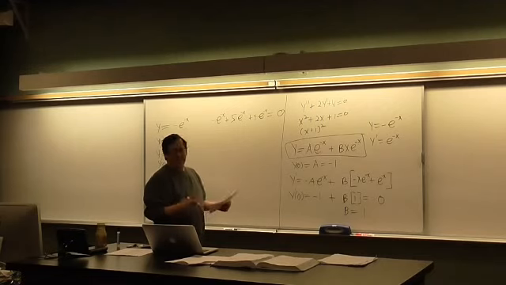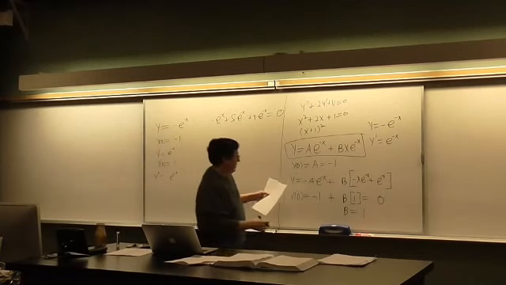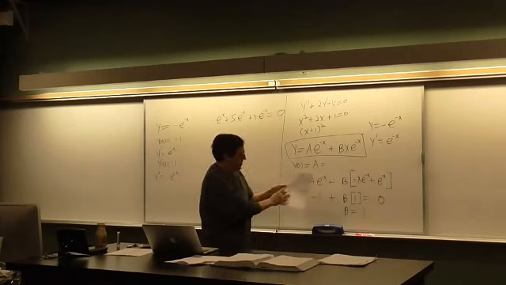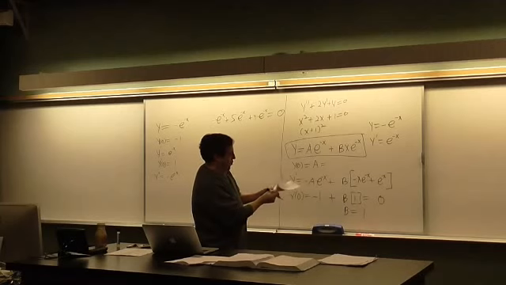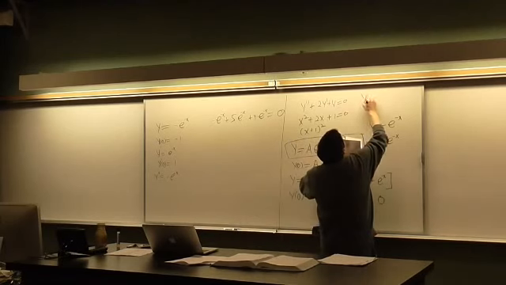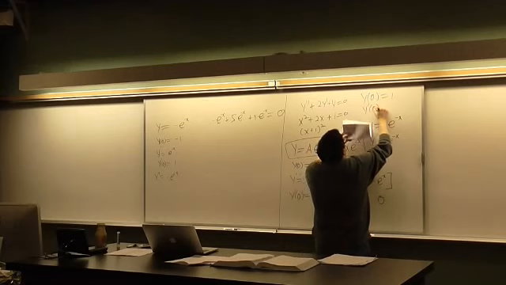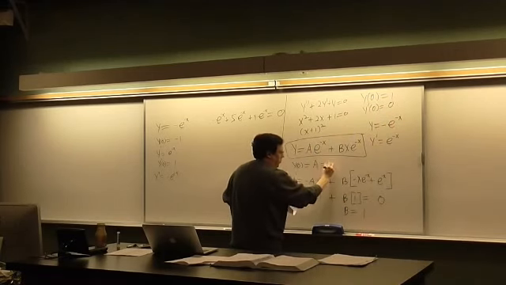Oh, I can't read and talk at the same time. Yeah, thank you. I'm looking at all these problems, they look the same, and I keep pulling off the wrong numbers. All right, hold on. Maybe I should have just written it up here. y(0) equals 1. y prime of 0 equals 0. Okay, so a is equal to 1.